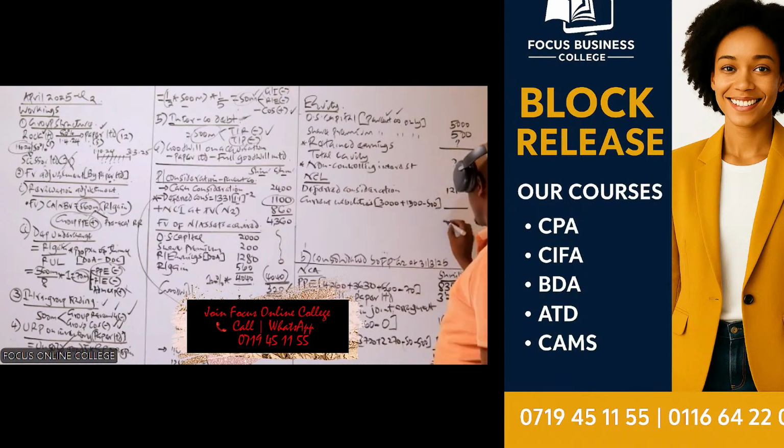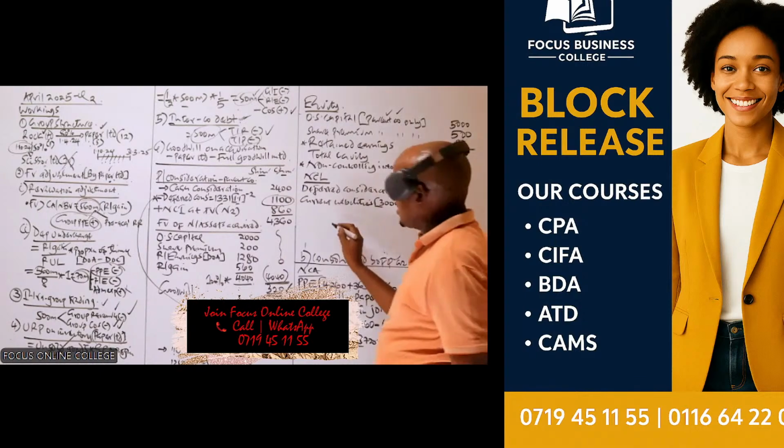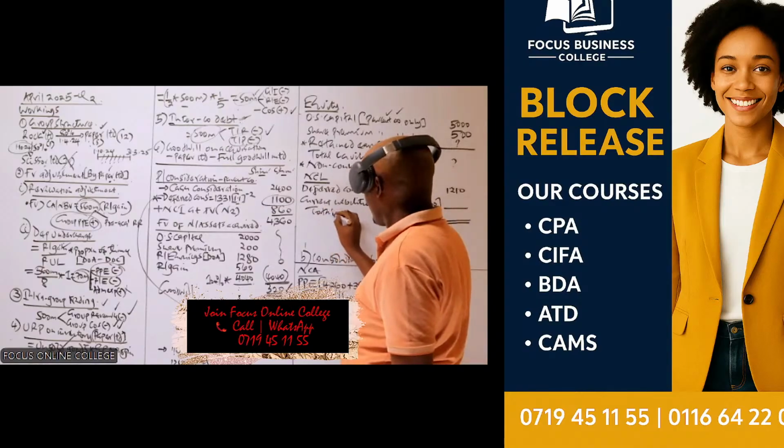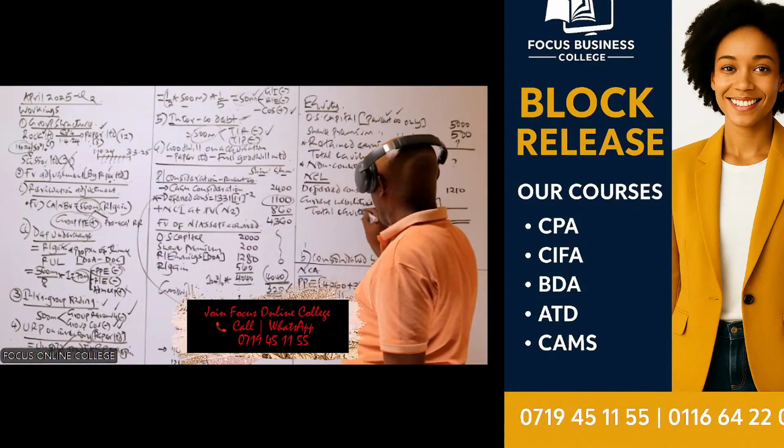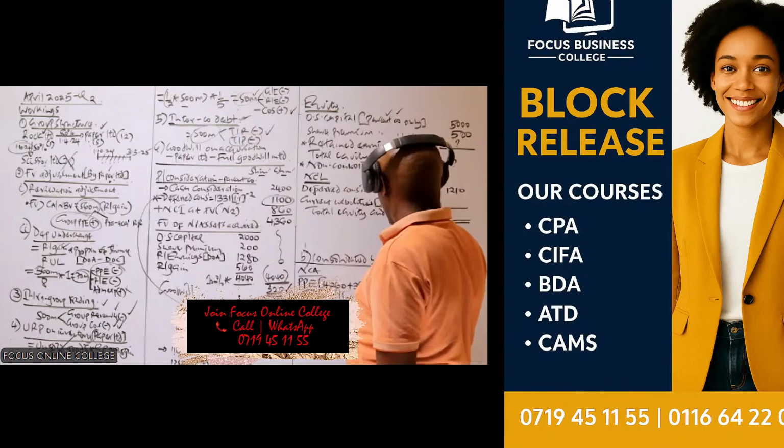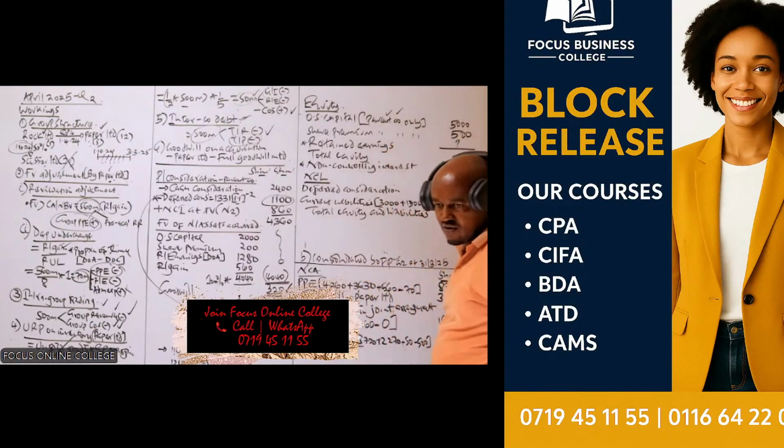So give me the final figure for payables, for current liabilities. I'm told it is 44. Yes, 44.